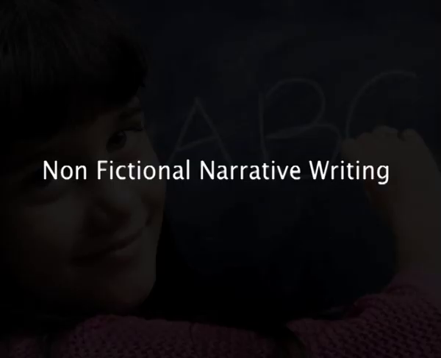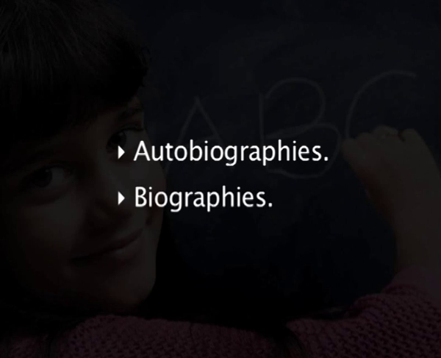The second category of narratives is the non-fictional category. In the non-fictional category, the stories narrated are real-life stories and real-life incidents. This category is again subdivided into two further categories. They are autobiographies and biographies.